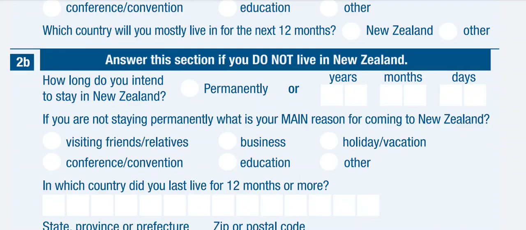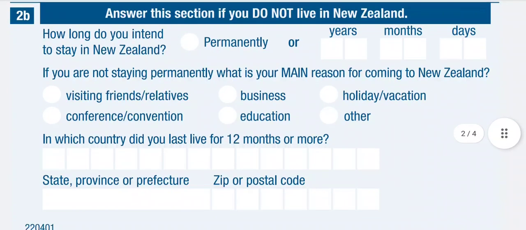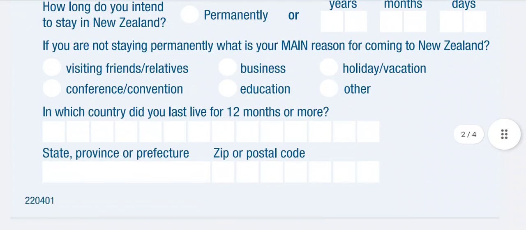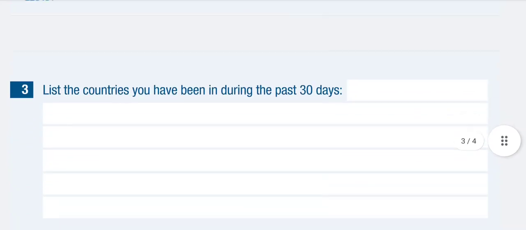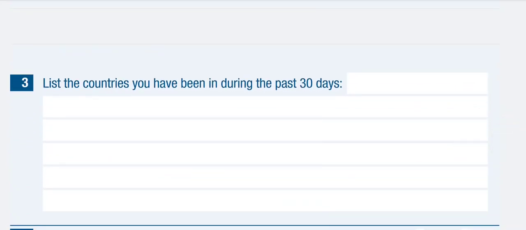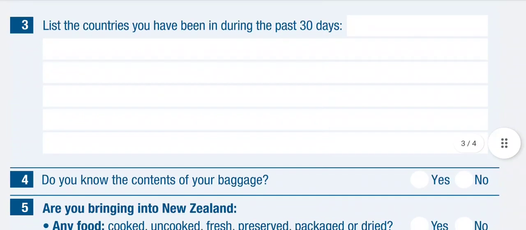Second, 2B is for those who do not live in New Zealand, so how long you intend to stay in New Zealand, and if you are not there permanently, what is the main reason for coming to New Zealand, and in which country you lived for 12 months or more last, that also you can provide. Very simple it is. And list the countries you have been in during the past 30 days, almost 1 month, which countries you visited.